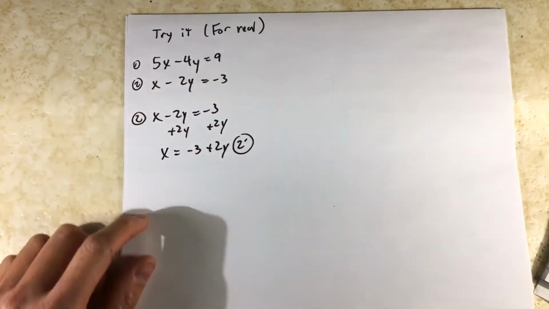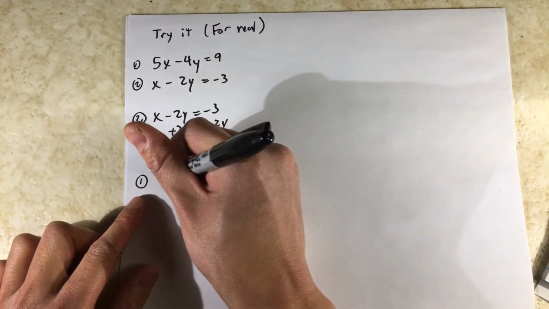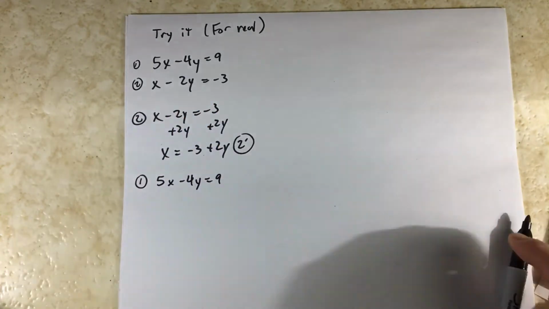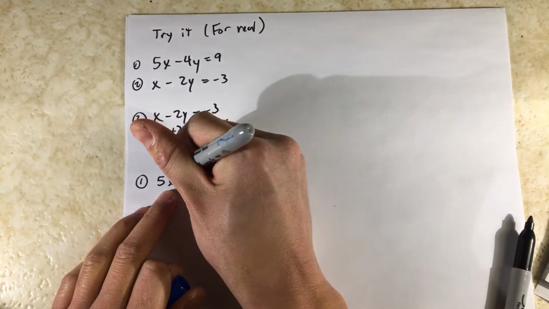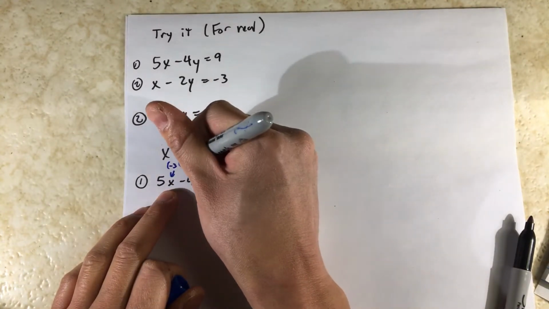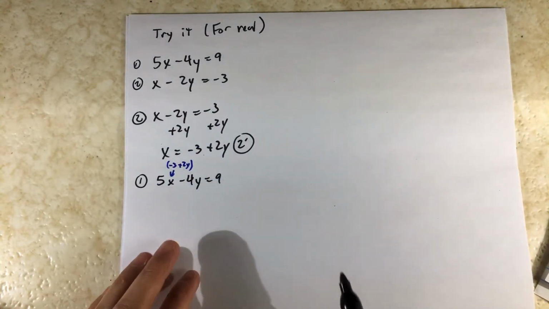Then I'm going to take equation 1 and plug that in. So I have 5x minus 4y equals 9. Again, I'm using blue to represent a plug-in. I know x is equal to negative 3 plus 2y, so I'm going to replace x in this equation with negative 3 plus 2y.